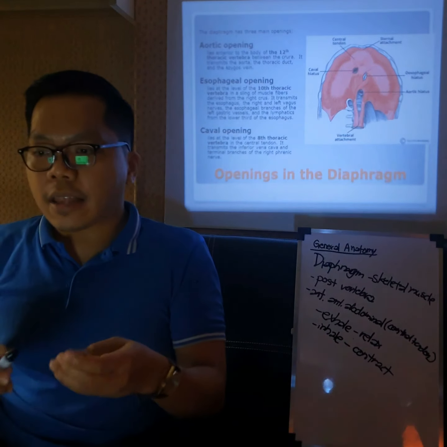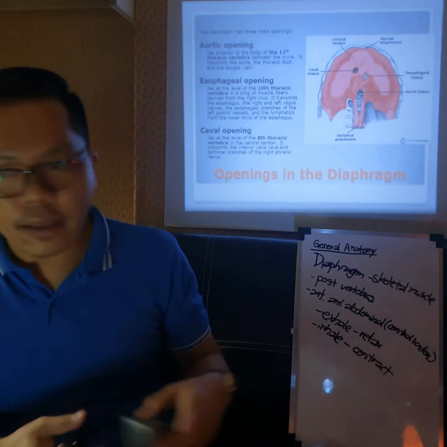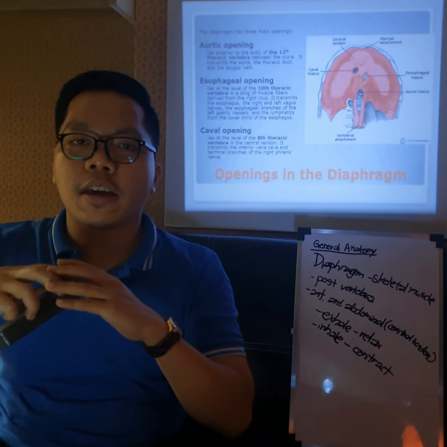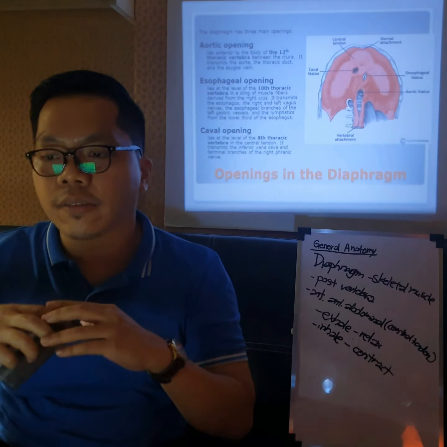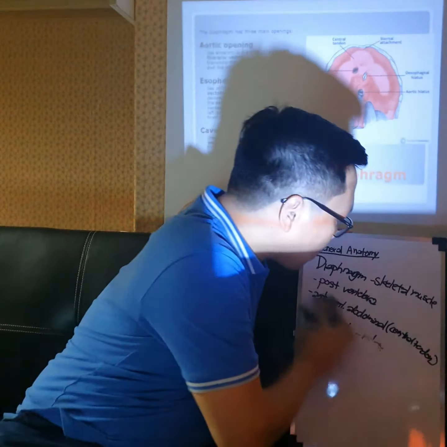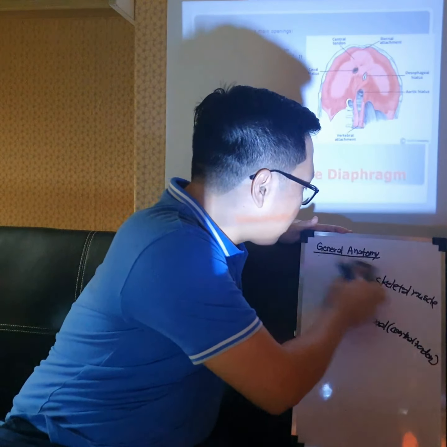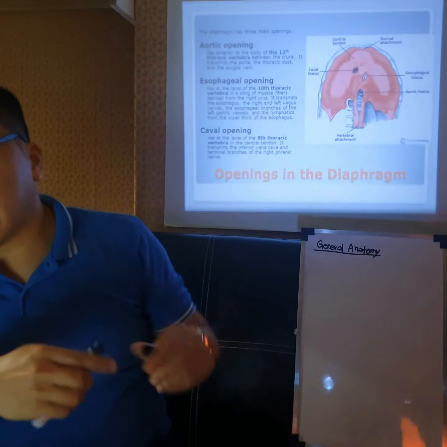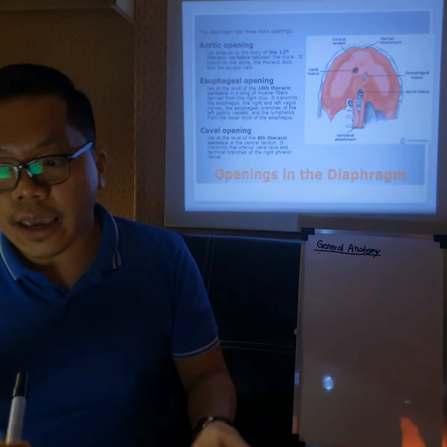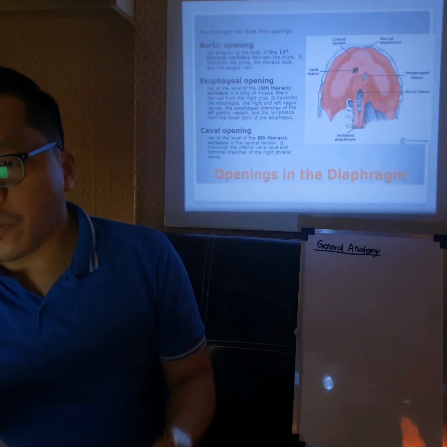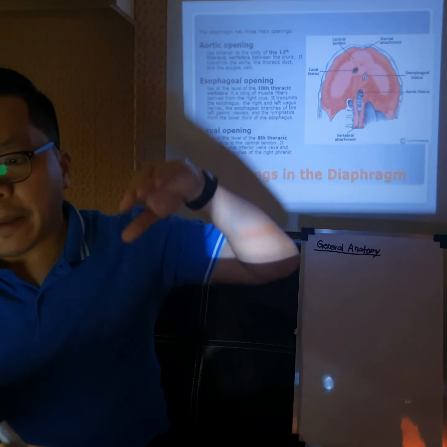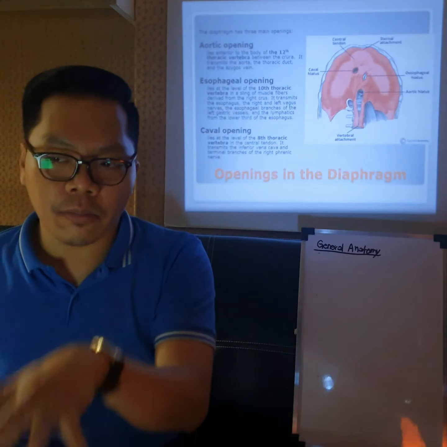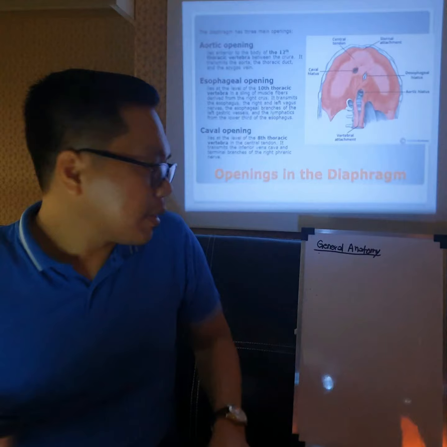Okay, we have 3 main openings of the diaphragm. It's not just a dome-shaped sheet of muscle; it has holes. And what are these holes? They're already enumerated there: the aortic opening, the esophageal opening, and the caval opening. So there are important points to remember about the 3 main openings of the diaphragm.